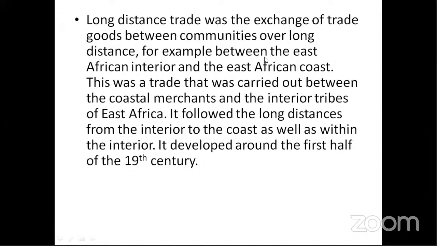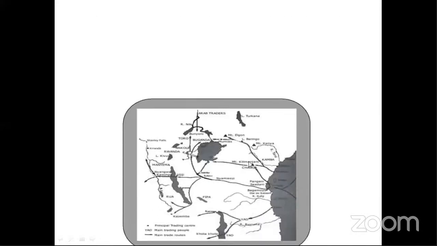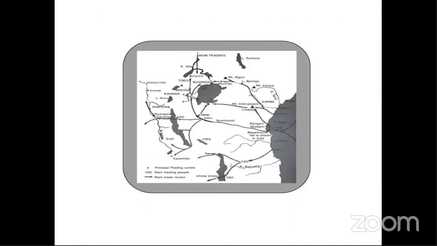Okay, now that we have seen this trade, now that we have introduced the long distance trade, now that we know what it means, a trade that involved moving long distances, we need to look at the areas, from where to where.